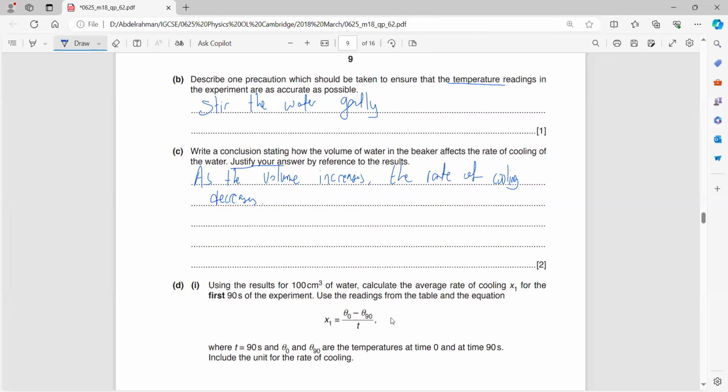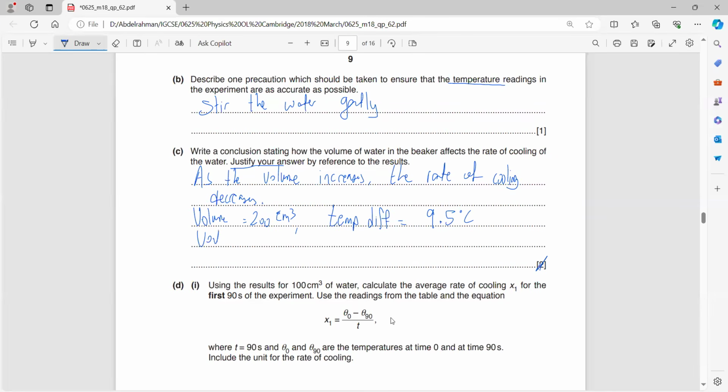The second mark is that you have to justify your answers by writing down some numbers from the table. When the volume was 200 centimeters cubed, the temperature difference was equal to 9.5 degrees Celsius.